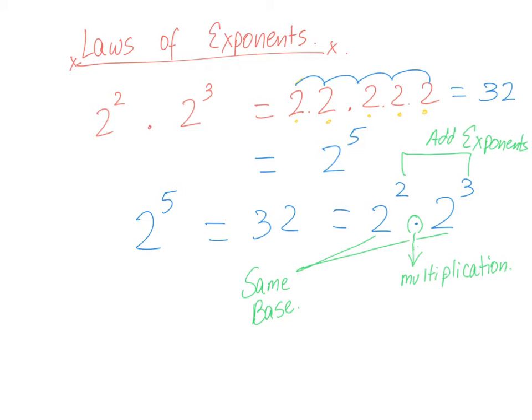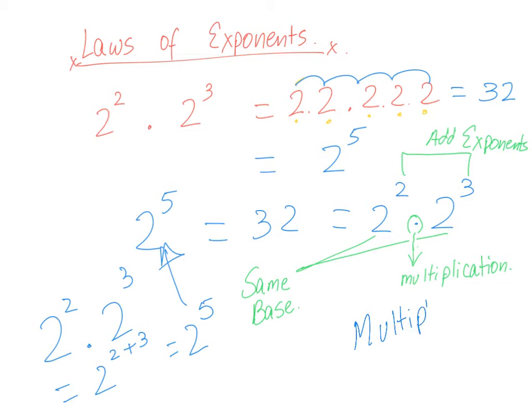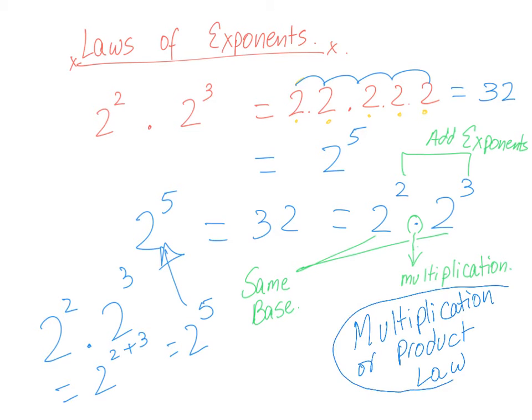So basically, if I have 2 squared times 2 cubed, and if I add these two exponents, I'll end up getting 2 exponent 5, which is the same as this answer. This is called our multiplication or product rule. So basically, if you see two exponents multiplying, we can add the exponents.